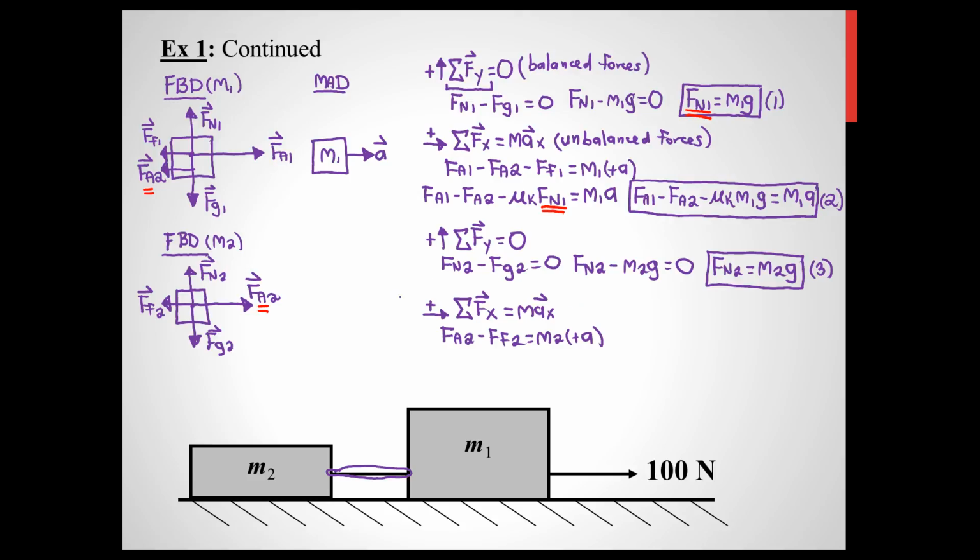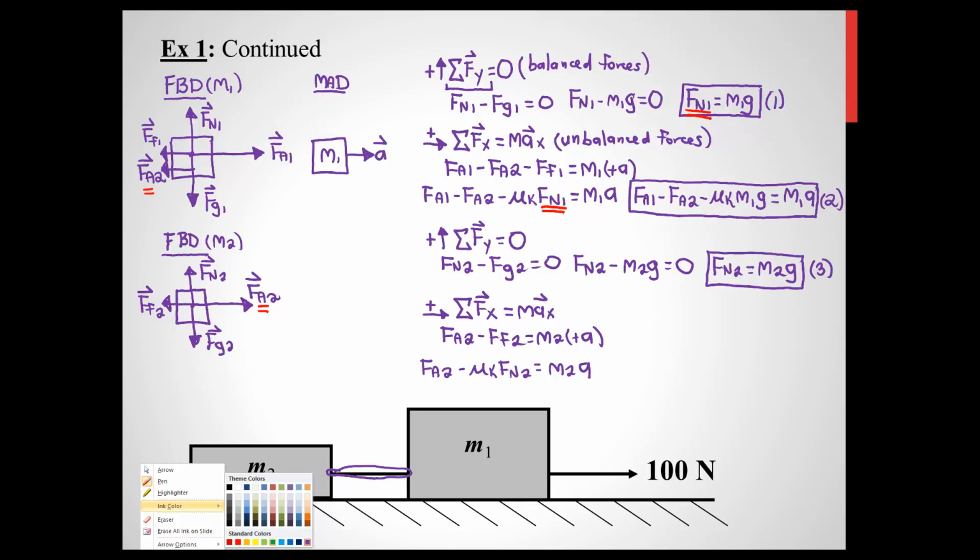And then let's start to expand this a bit more. So Fa2 minus kinetic friction, mu k times Fn2, is equal to m2 times a. And we'll do the same substitution as we did before. I'm going to take equation 3, the Fn2, and plug it in for Fn2 at the bottom.